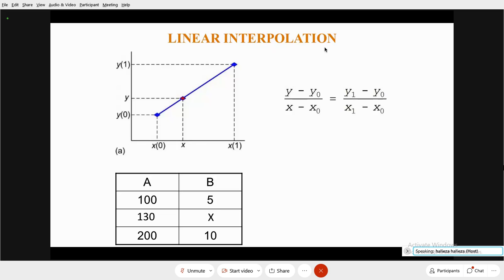I don't have the answer, so whatever answer you get, if most of you get the same answer, then that's the correct answer. Get the value of x using this equation for interpolation, or if you don't want to use that equation, you can easily use your calculator.